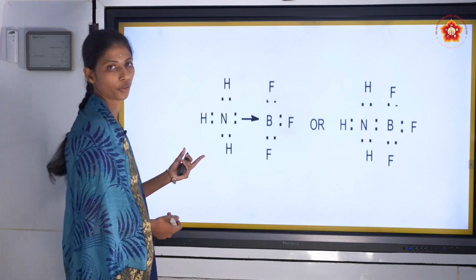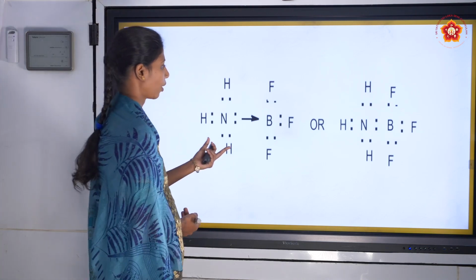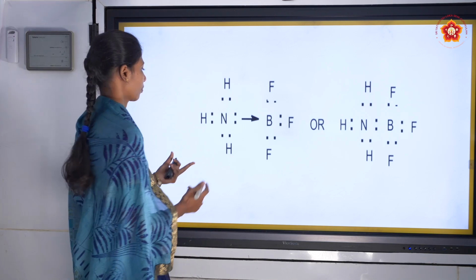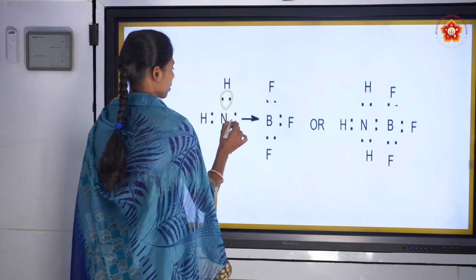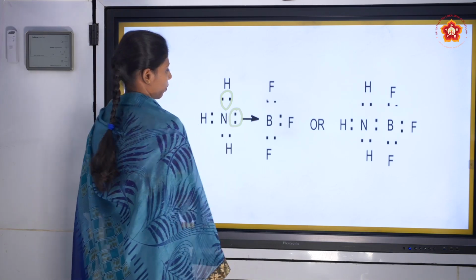See the structure of ammonia and BF3, boron trifluoride and ammonia. See, this is a bond pair of electrons, this is a lone pair of electrons.